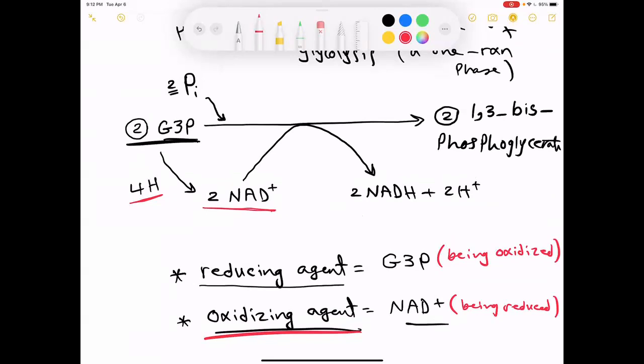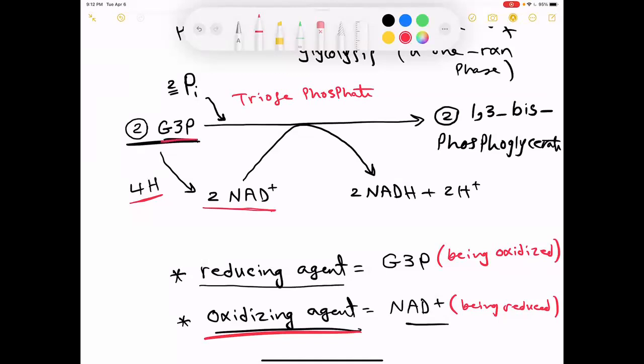But think about it this way. The name that is very common: isn't glyceraldehyde 3-phosphate a triose? So they call it triose phosphate. I'm not done. I'm just sharing one name, triose phosphate. What triose phosphate?